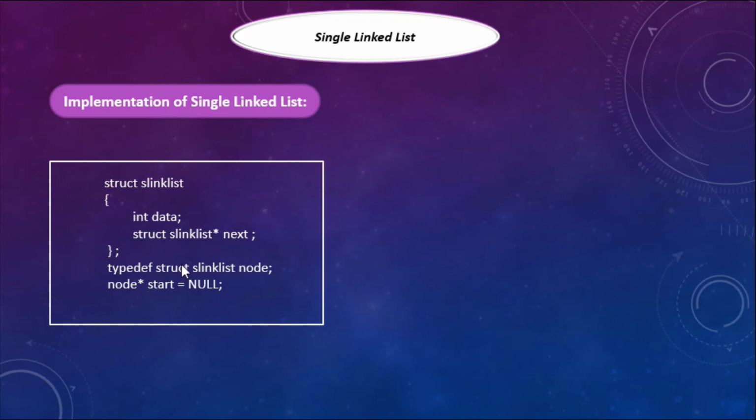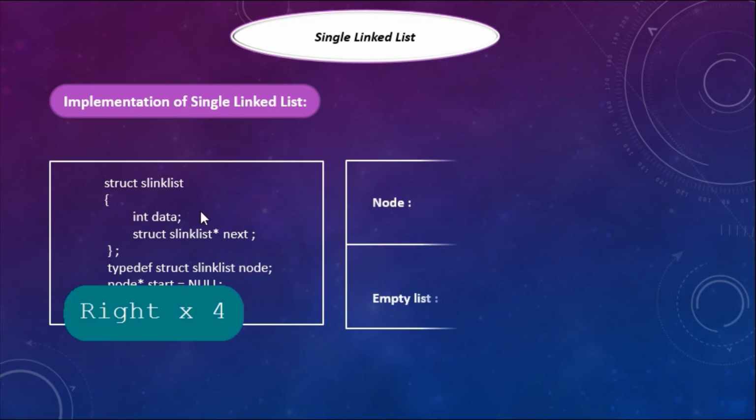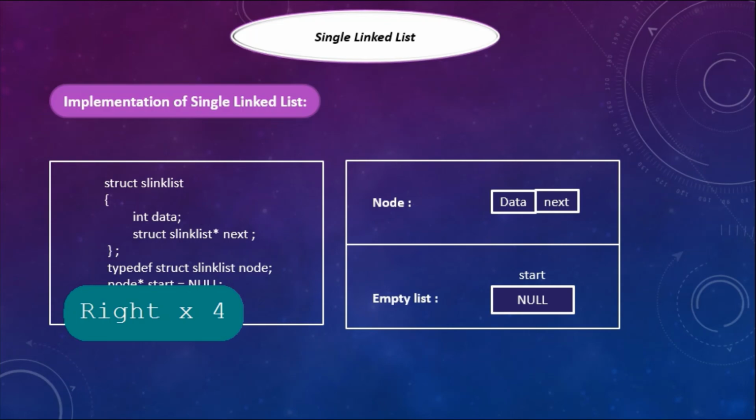After that we changed the name of the structure from linked list to node, and we created a start pointer of that self-referential structure, initializing the start pointer with null, which looks like this.